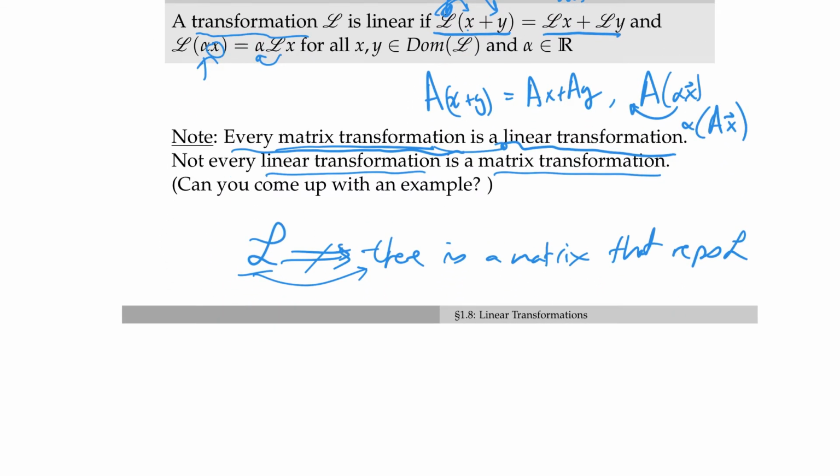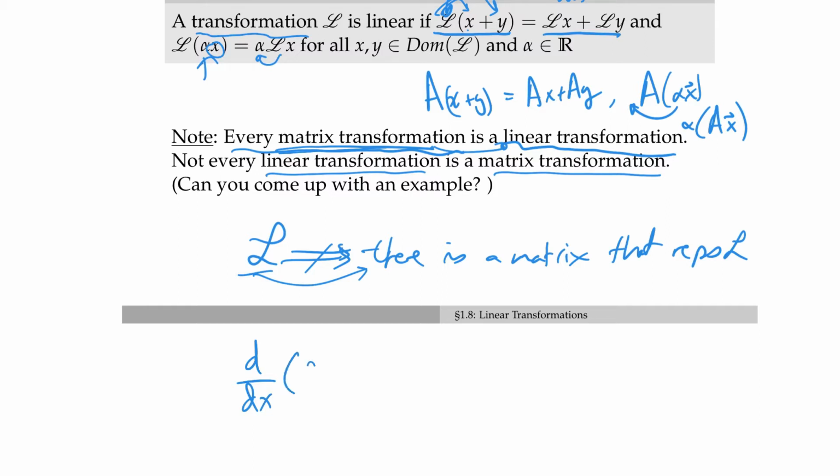All right. What are some examples of linear transformations? Well, I've already discussed one. Matrix transformations. Another one, this is a kind of interesting one, and this is a hint. What about the derivative?